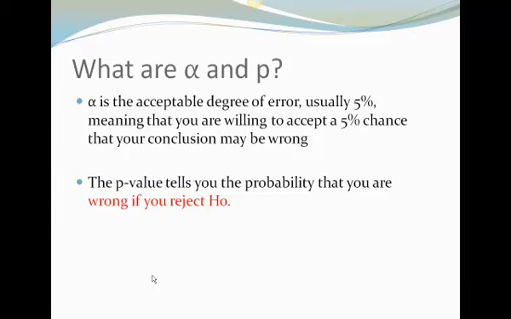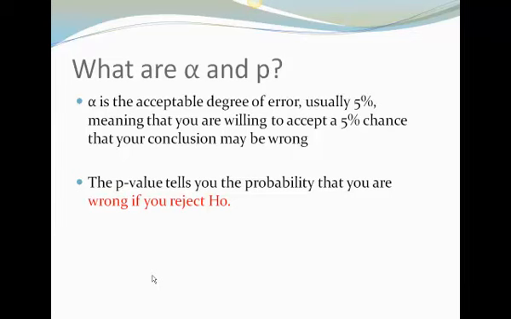So I'm 5% willing to be wrong, but I'm not willing to be wrong more than 5% of the time. So I want to be right 95% of the time, and hence wrong 5% of the time, but we don't like to highlight that, which is why we talk about 95% confidence intervals. I'm 95% confident that the average is between X and Y, things like that.